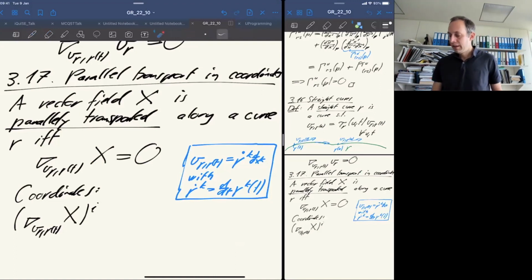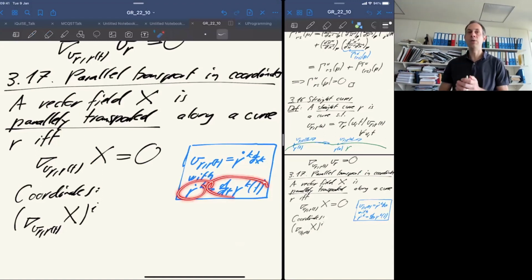It says the following: if I look at the time derivative, that's what this dot means according to this definition, of the k-th component of the curve relative to a chart, the x^k value, and that's all in the chart because we are now talking about coordinates.